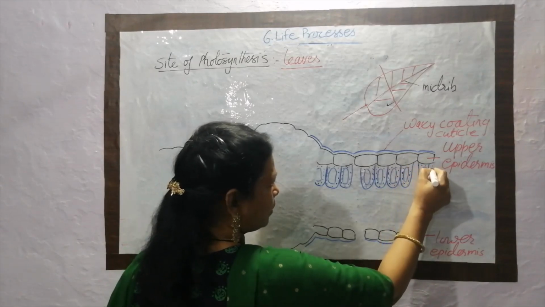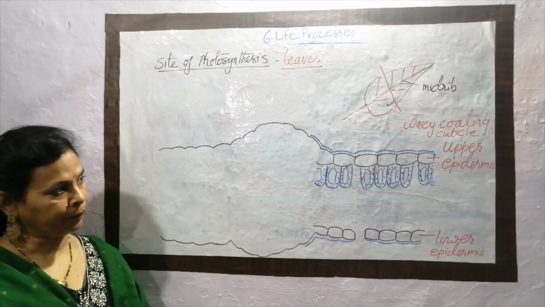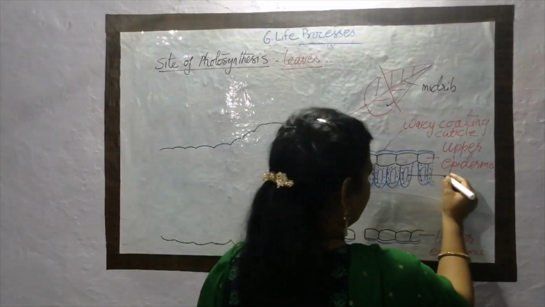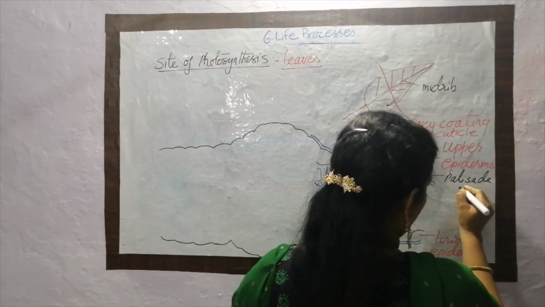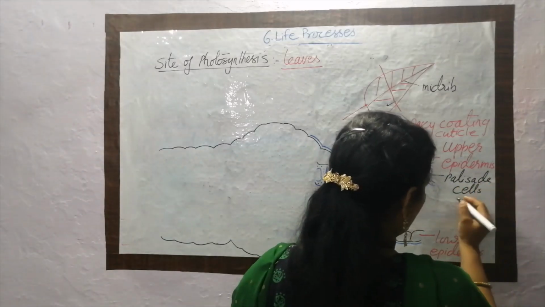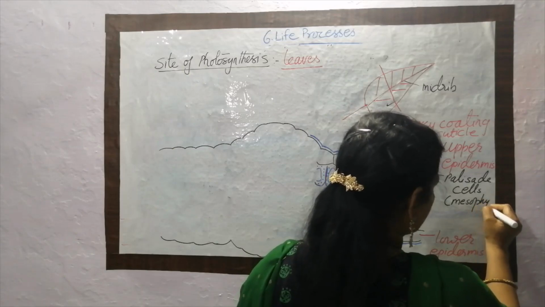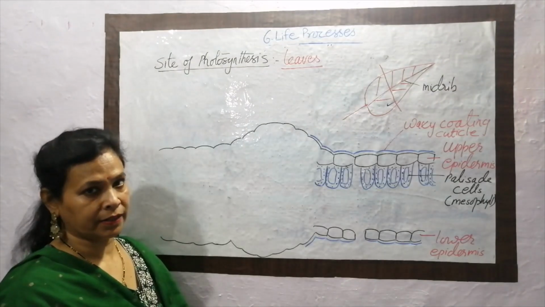It is a layered part, made in two or three layers, and this is called the mesophyll. But in singular manner we call it the palisade cell. Group of palisade cells are called mesophyll. So this is the mesophyll layer and a single cell is called the palisade.